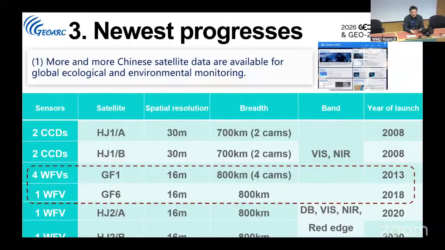Because we have new satellites like the HJ2, we also incorporate the HJ2 data into this ARD to give it higher frequency. For example, maybe 3 days, maybe 4 days to observe the Earth. So that's even higher resolution.